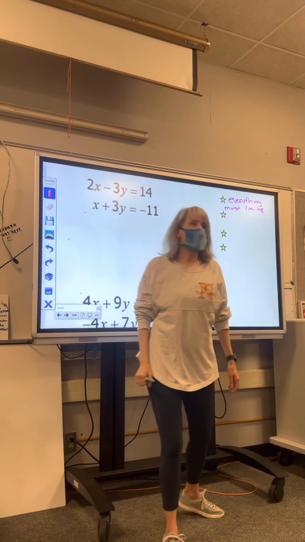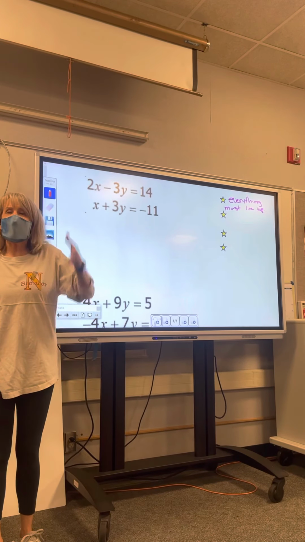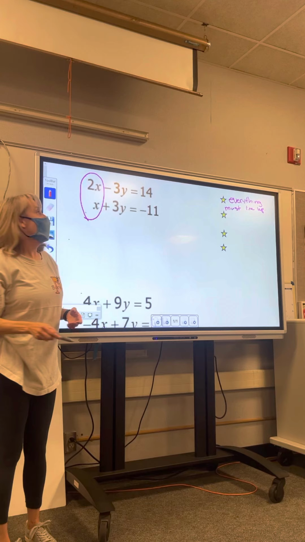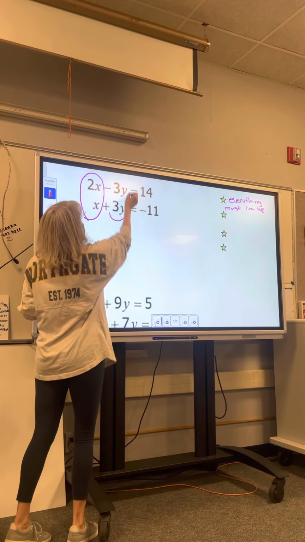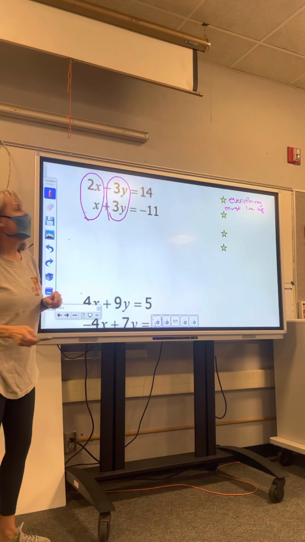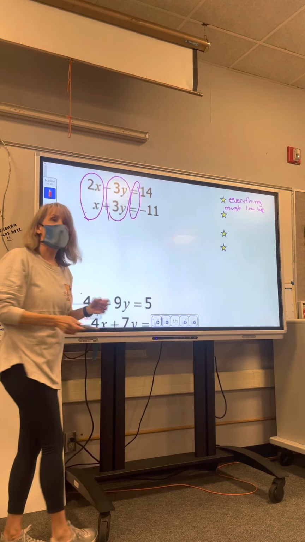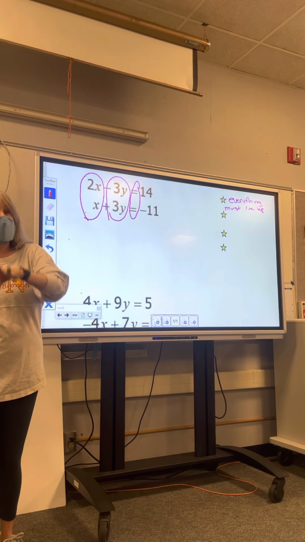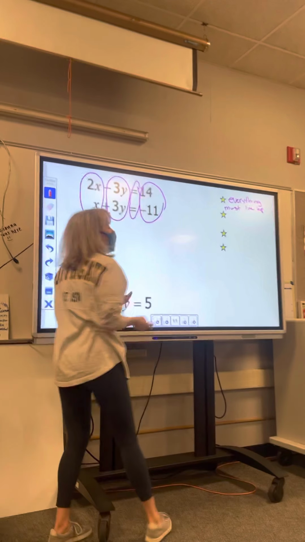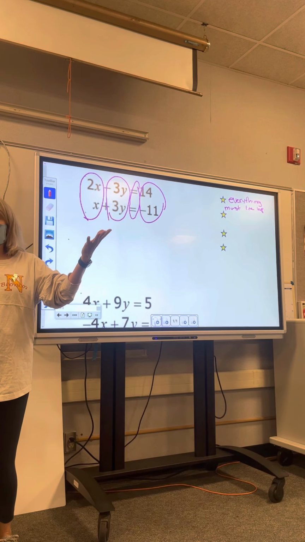It means the X's have to be lined up, and the Y's have to be lined up. And really importantly, the equal signs have to be lined up. Kids miss that all the time. And finally, the regular numbers have to be lined up. We need that to happen for the magic to occur.